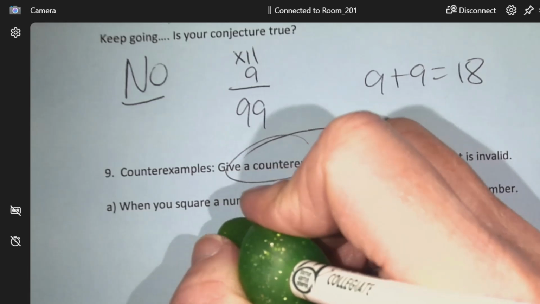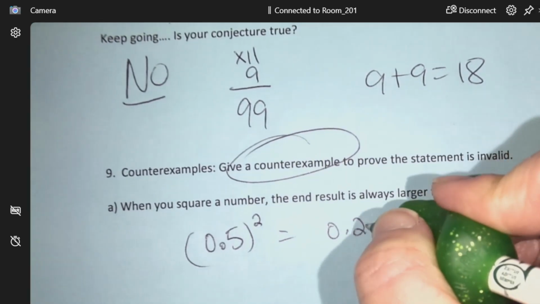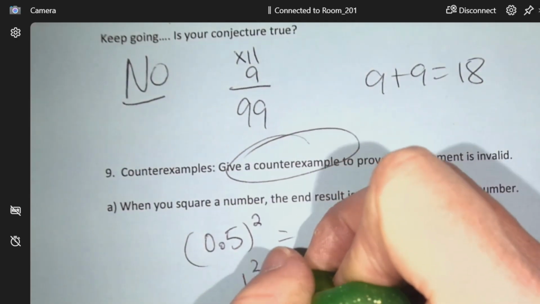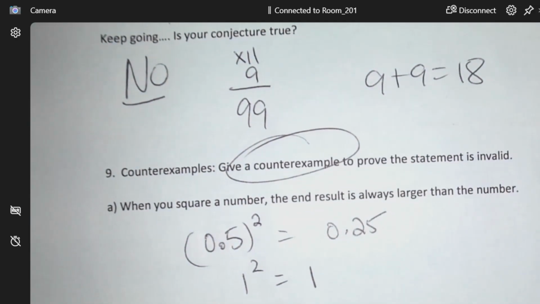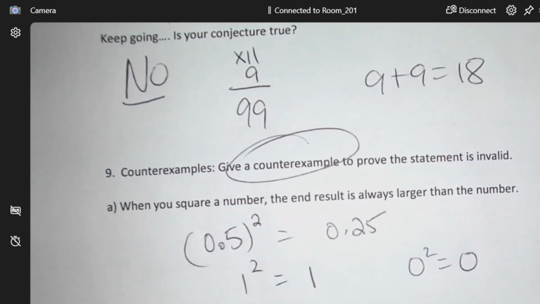Decimals. 0.5 squared is actually 0.25. So decimals, and 1 squared didn't get bigger. And there's one more example. 0 squared doesn't get bigger. Okay, and that's it. Decimals don't.